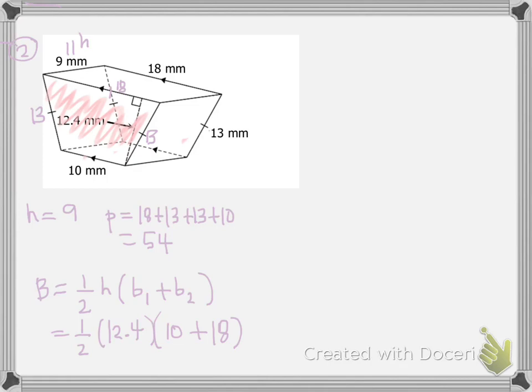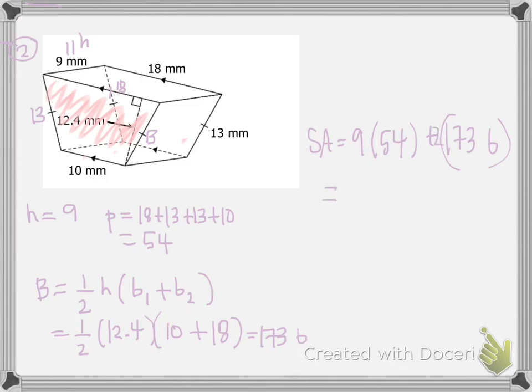So that should give you, what, 173.6? Okay, so now your surface area is the height between bases times the perimeter plus the area of the base times 2. Sorry, left that 2 out.